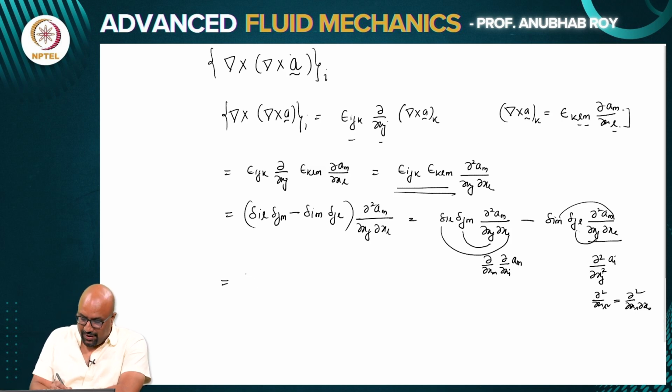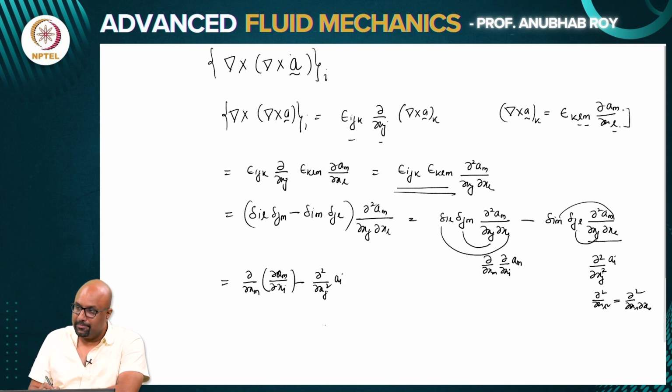So, this is now finally dou xi of dou am dou xm minus dou square dou xj square ai. Now, I can take the derivative inside and bring the dou xi outside. So, I have dou xi of dou am dou xm minus dou square dou xj square ai. So, this is what we started out from.